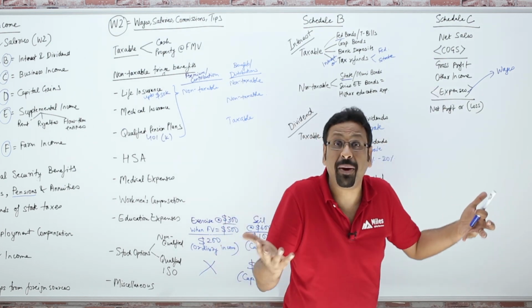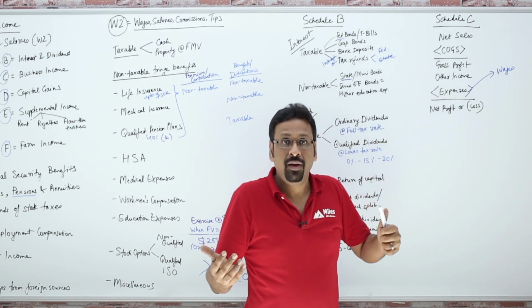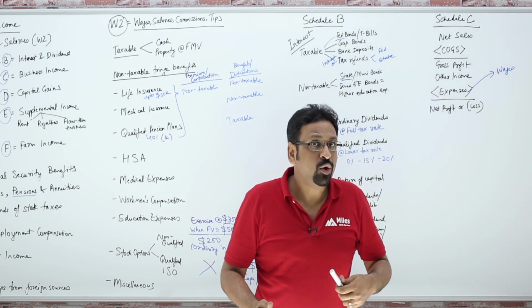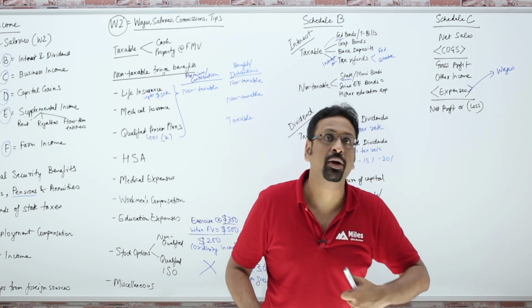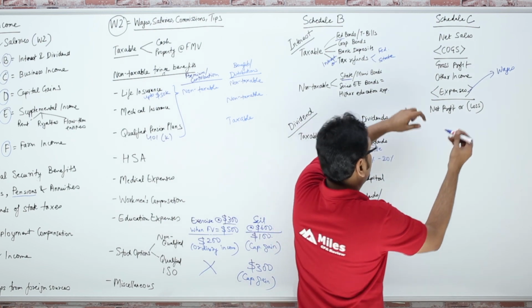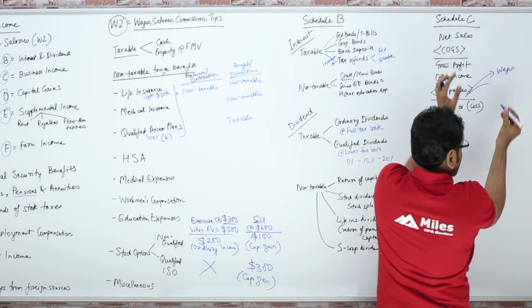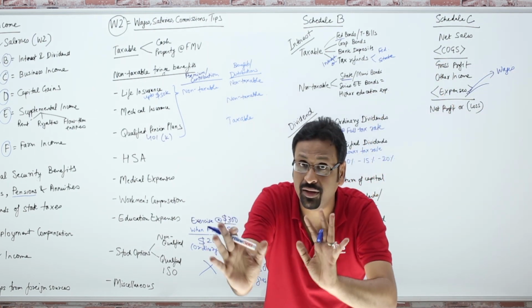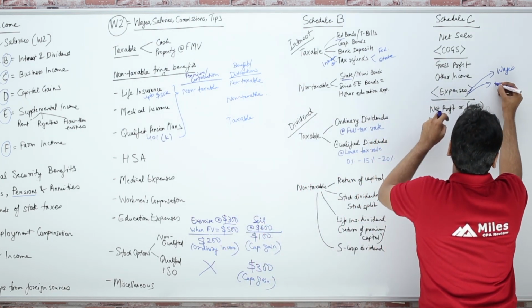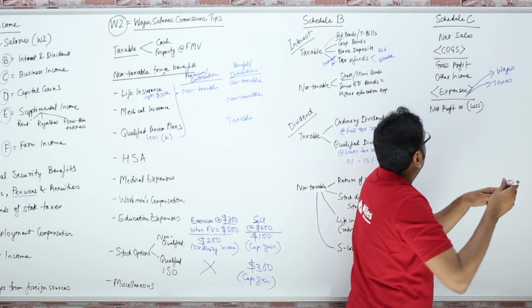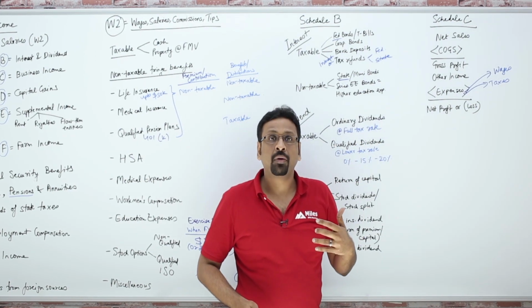That's not allowed as an expense. Next, if you have paid any business taxes, let's say the state government or local government, that is deductible on Schedule C. These are not your personal taxes, these are your business taxes. So, taxes that you've paid for your business.